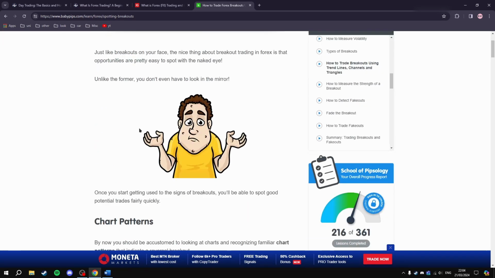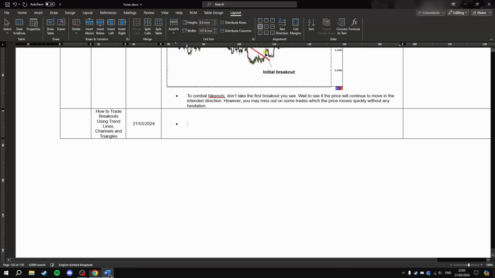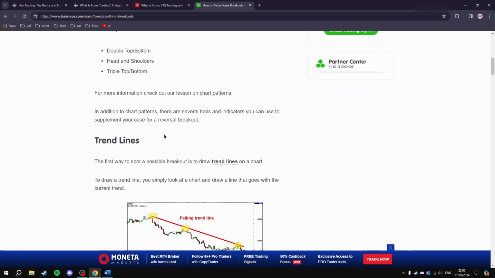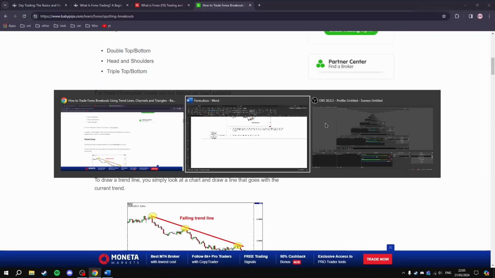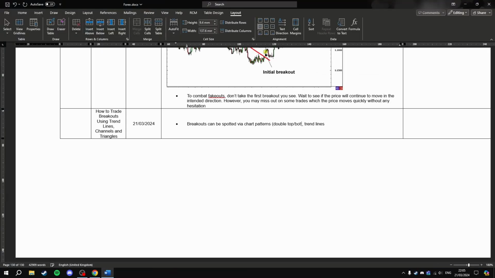So breakouts can be spotted via chart patterns and trend lines.